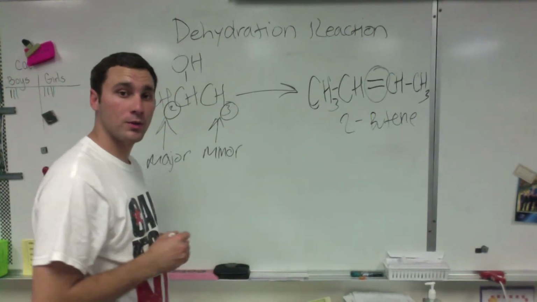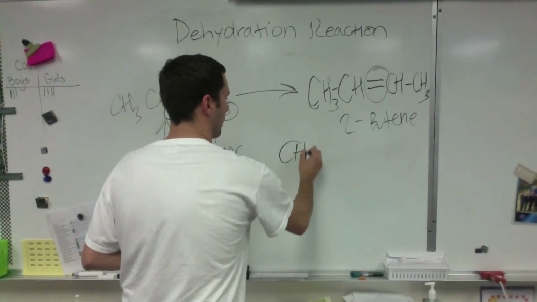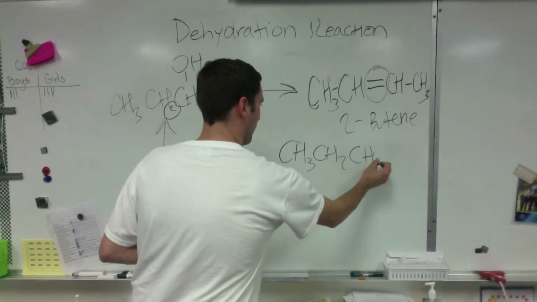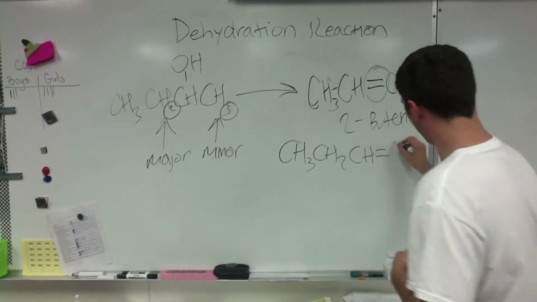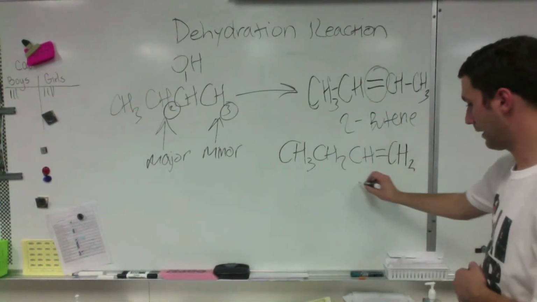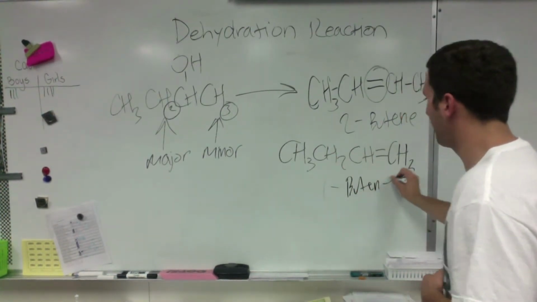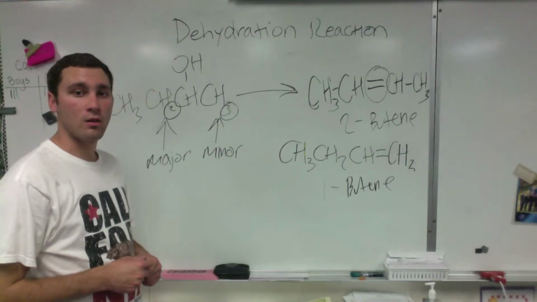Now, the minor product would look like this. Which becomes 1-butene. And that is a dehydration of an alcohol.